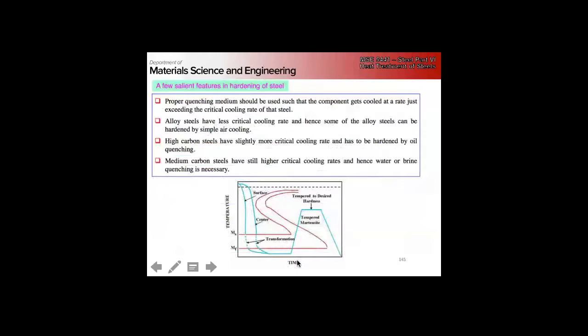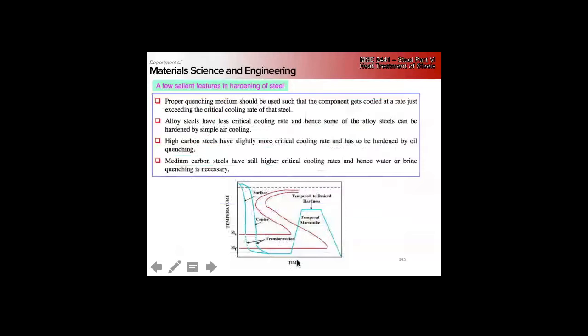And so alloy steels tend to be less critical with the cooling rate, because a lot of times there we need to worry about how fast our solute atoms can diffuse. A lot of alloy steels will form martensite on air cooling. High carbon steels typically are oil quenched, to get the critical cooling rate to miss the front of this curve.